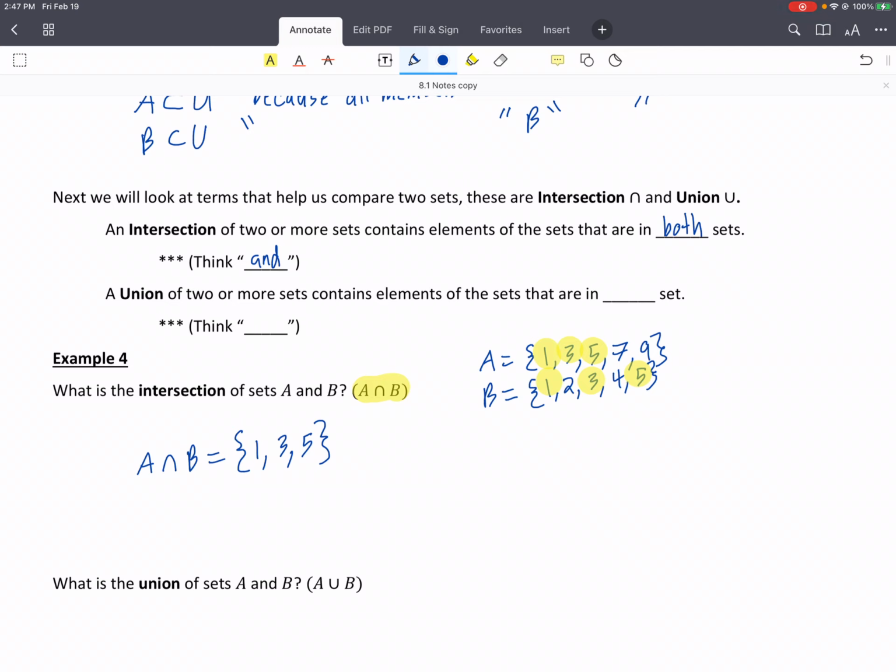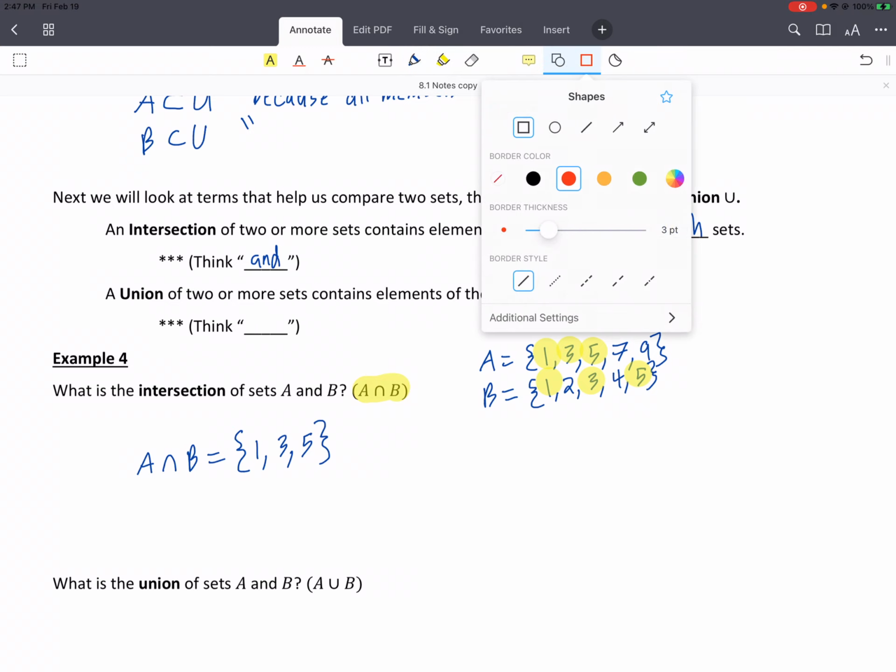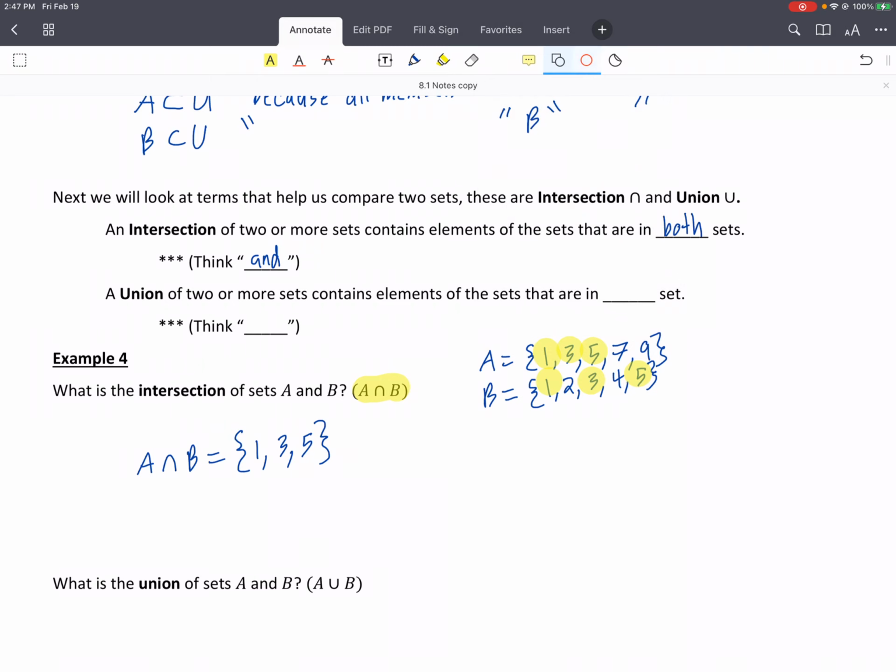Or oftentimes you'll see this as a shading. So let me just draw this real quick. If we have just say two sets, the intersection would be whatever's in between there, what's in both of them.